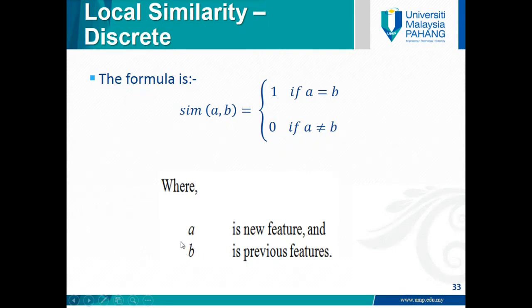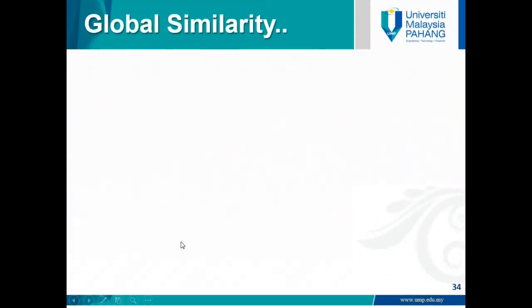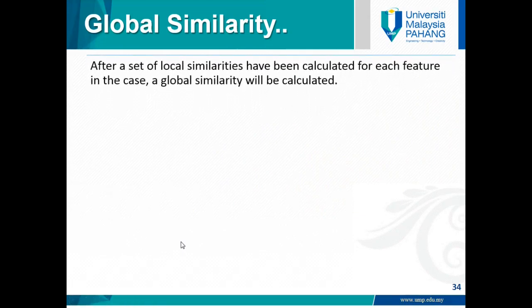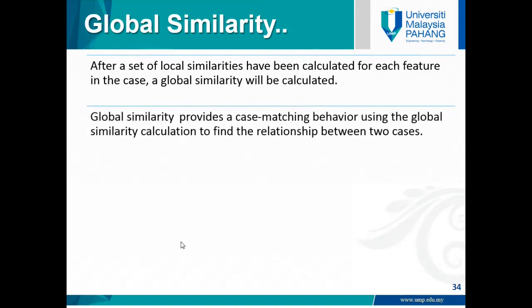So after calculating the local similarities, which are calculated by measuring the similarity degree for all feature values of the new case to the old cases, it's time for us to calculate the global similarity, which is represented as a build-up of the local similarities.